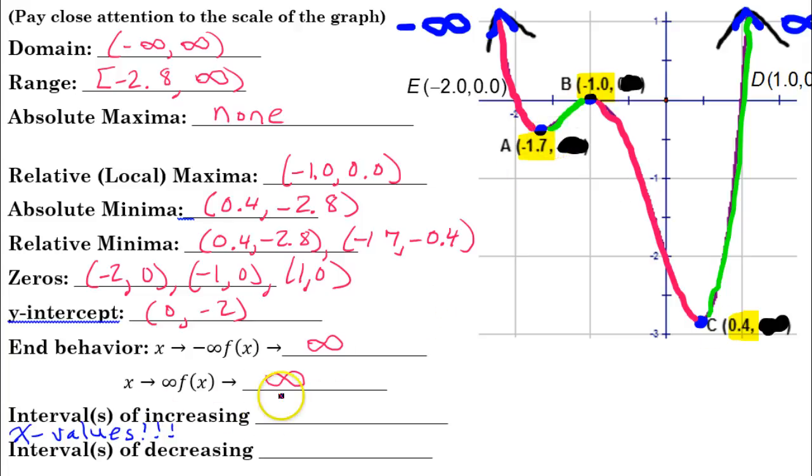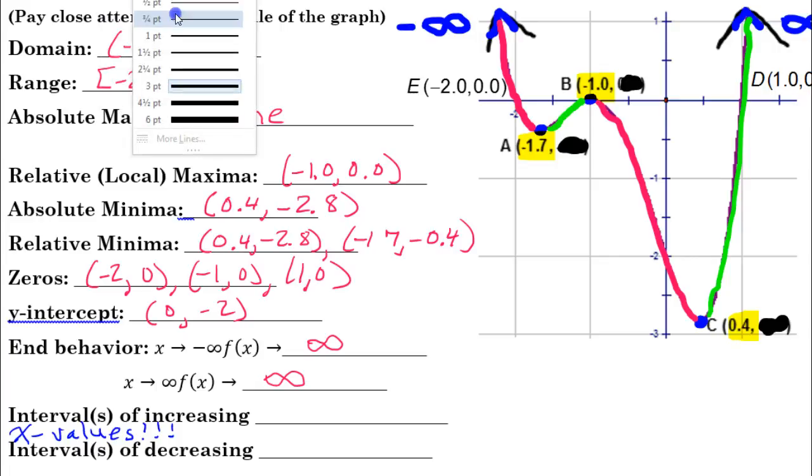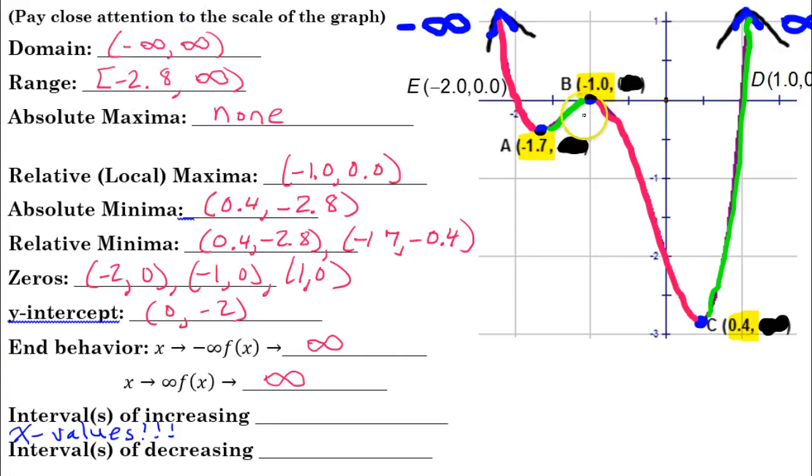So for the increasing intervals, we are talking about the green parts of the graph. Okay, so this first green part goes from negative 1.7 to negative 1. Okay, I didn't have to put the .0.